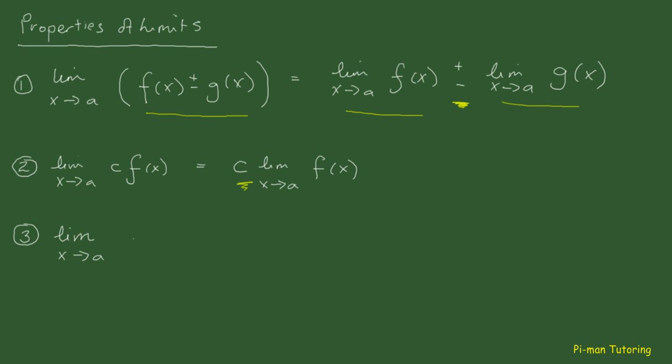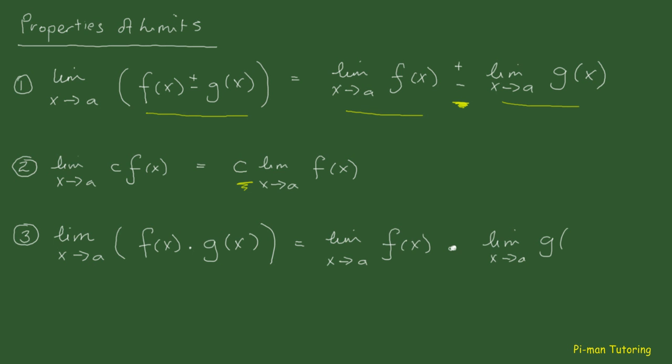So that says that if you want the limit as x tends to a of the product of two functions, then it's perfectly okay to evaluate that as the limit as x tends to a of the first function, and then multiply the result by the limit as x tends to a of the second function.